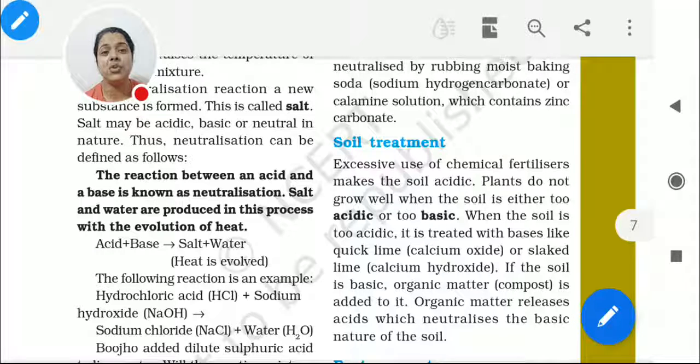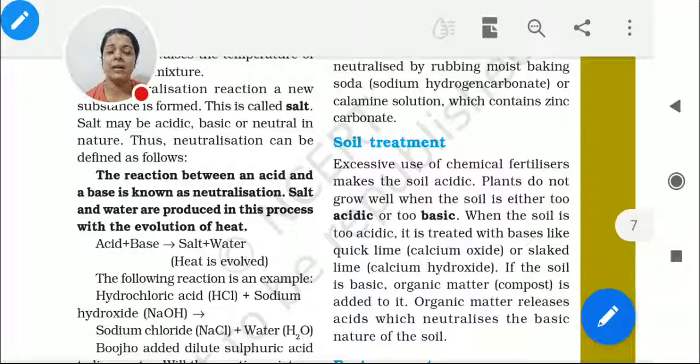Every time there is a reaction, heat is generated, and along with that, water evaporates. Along with that comes out NaCl, sodium chloride. Sodium chloride and water.